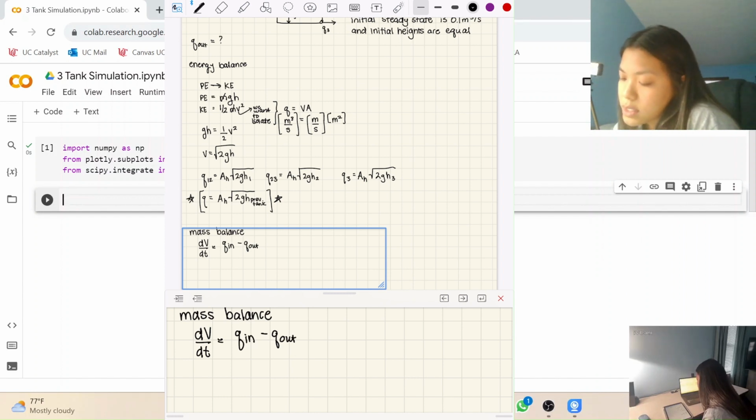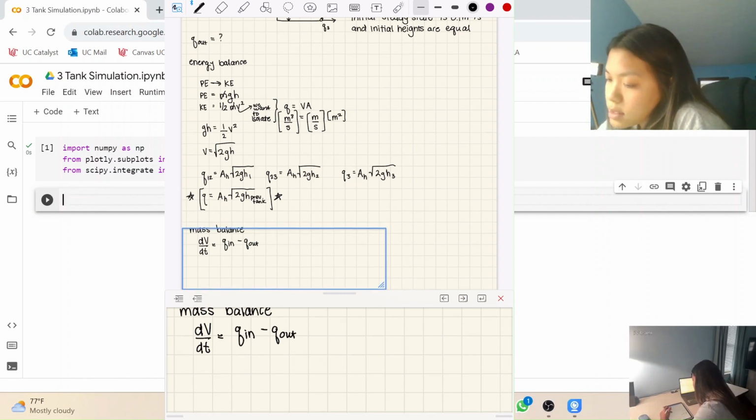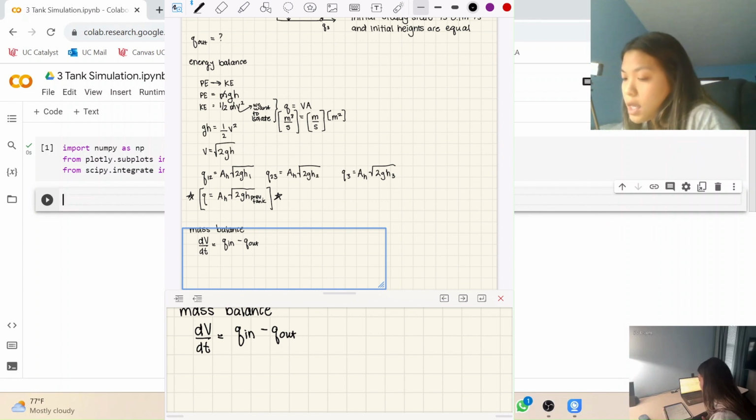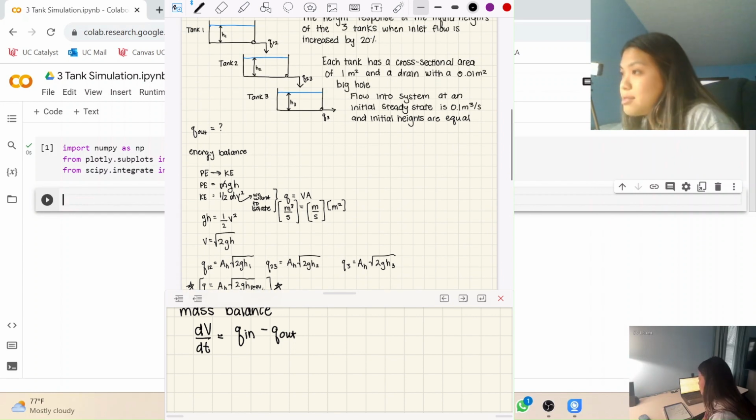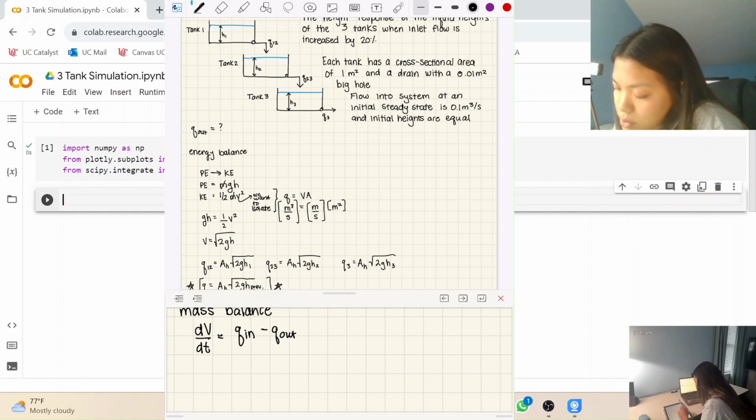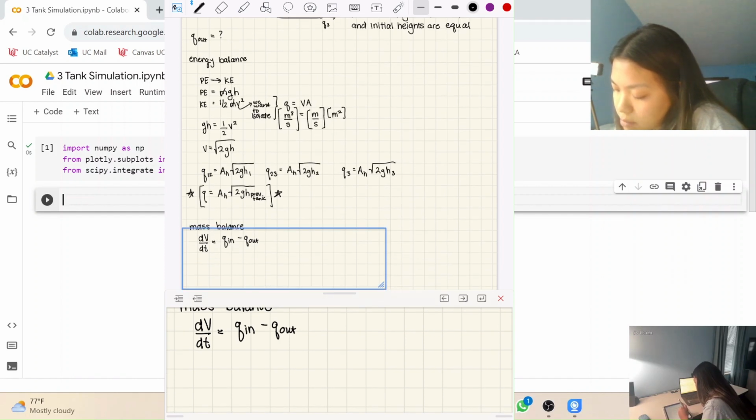But we are looking at simulating the fluid height, not the volume in each tank. And so we need to break down this volume to have the derivative of the change in height with respect to time.